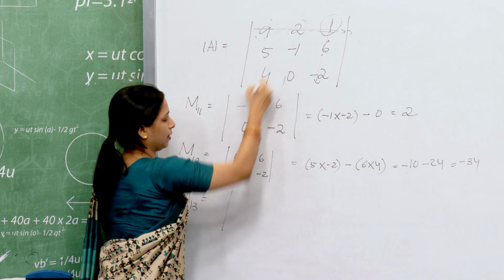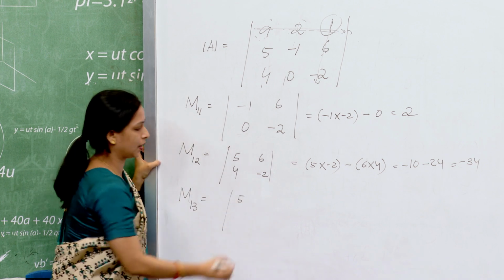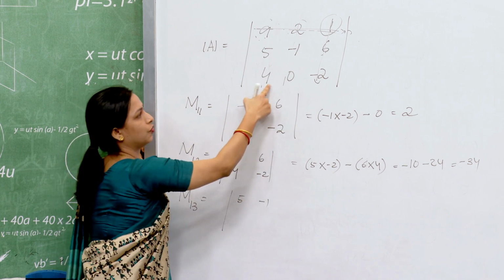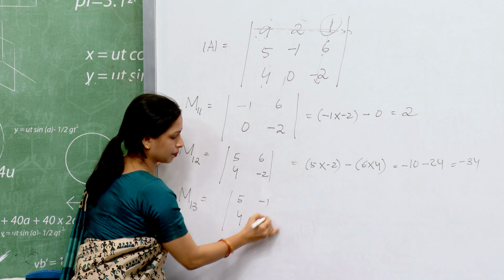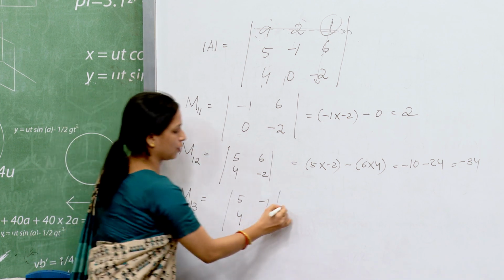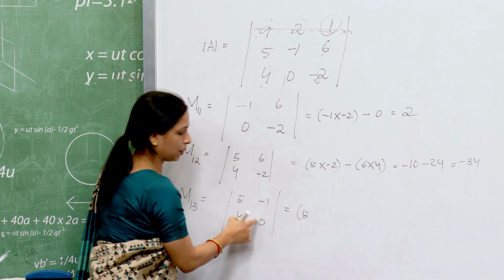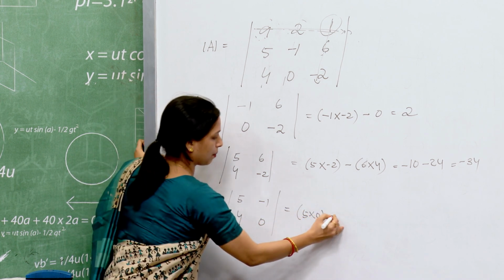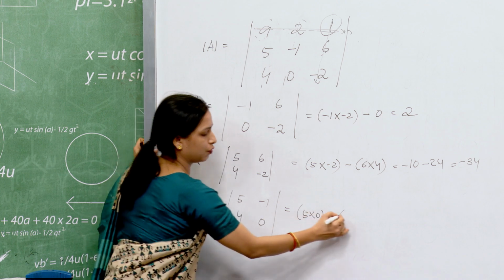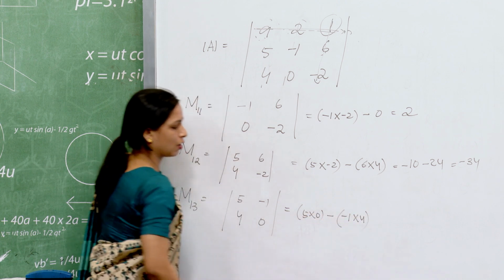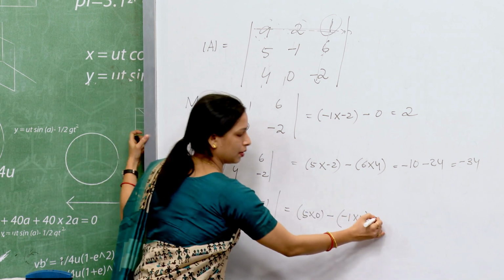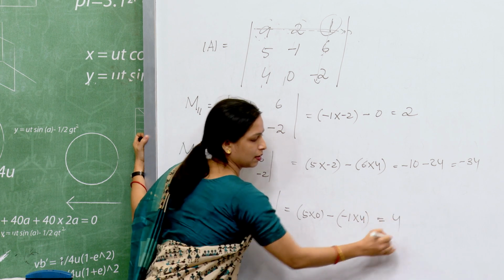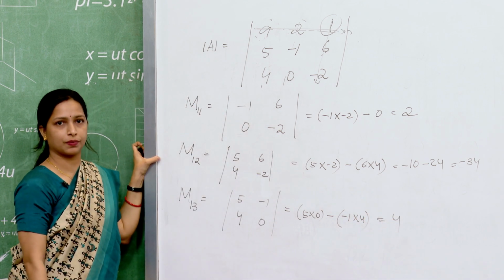So, what do I get? 5, -1, 4 and 0, right. What do I do next? Cross multiply the diagonal elements. So, 5 into 0, obviously 0, minus -1 into 4. So, this is 0 plus 4, which is 4. So, the minor is 4, right.